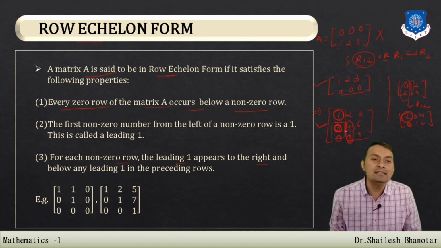That means the second step is over. We always try to represent it in echelon form, and that is known as the row equivalent form.